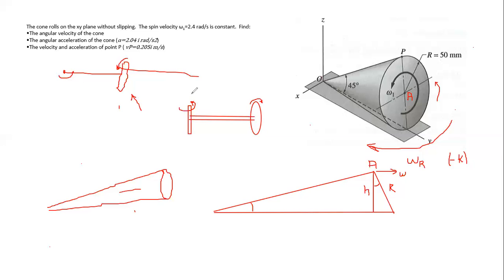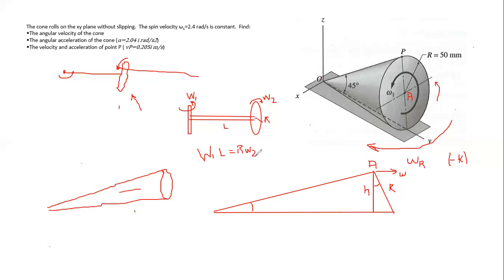Okay, so if you remember, let's say that was omega 1, and that was omega 2. Then I think that was an L, and let's just call that an R. And so we figured out the relationship, and we talked about it being kind of like a gear ratio, where essentially omega 1 times L ended up being equal to R times omega 2.